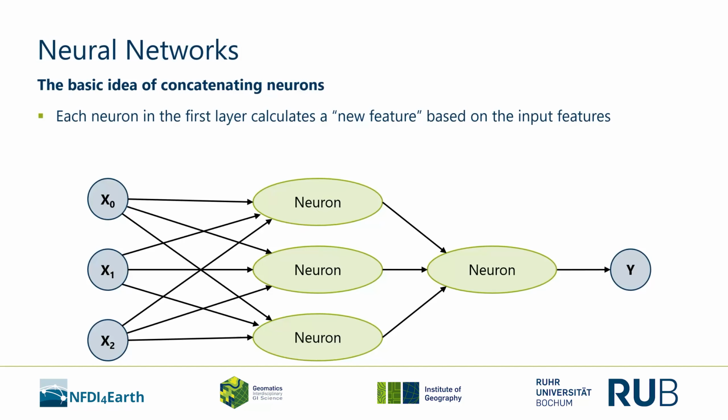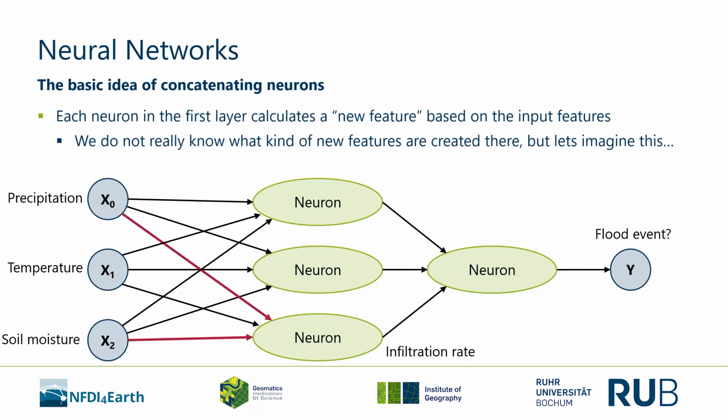By using activation functions, it now also makes sense to chain multiple neurons together, because activation functions break the linearity of the model. We can now imagine that each neuron in the model calculates a new feature based on its input features. Simplified, one might imagine that we have precipitation, temperature, and soil moisture as input data. Then one neuron could calculate something like an infiltration rate.